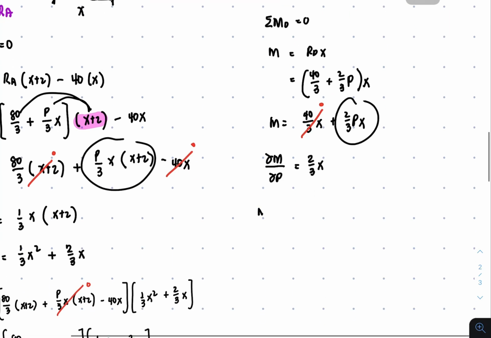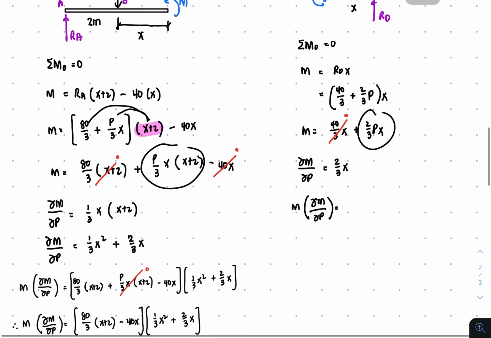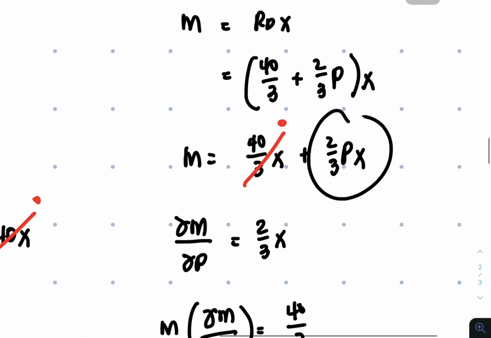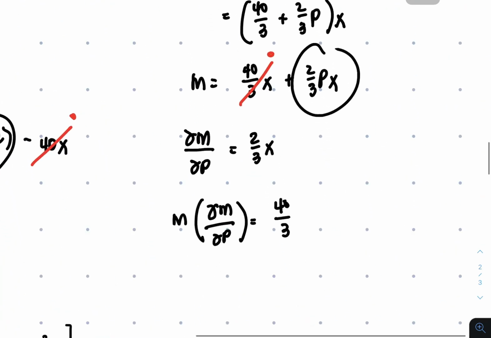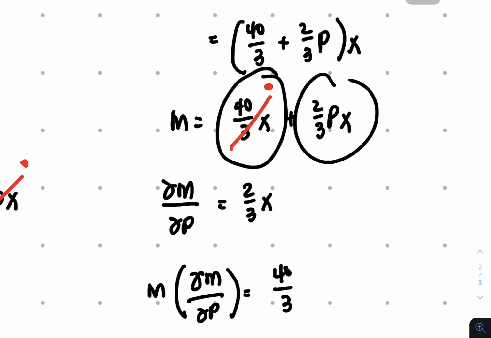And now we are going to get the product of the partial derivative of M with respect to P. It is now 40 over 3, although it is set to 0 already, but again, I just place it, or I just set it to 0 for a period of time. But the moment you're going to write this one, you have to copy that.